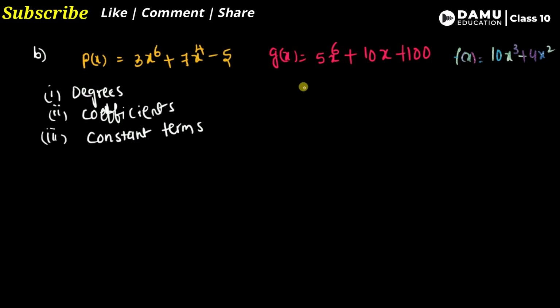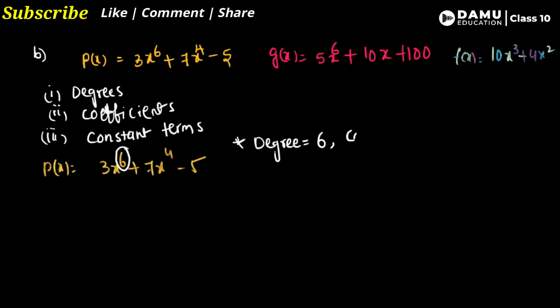Here our second one: write 3 more polynomials and create 3 questions upon that. Here they are asking degree, coefficients of the variable terms and constant terms. So for P of x equals 3x power 6 plus 7x power 4 minus 5, the first answer, degree, will be equal to the highest power, that is 6.